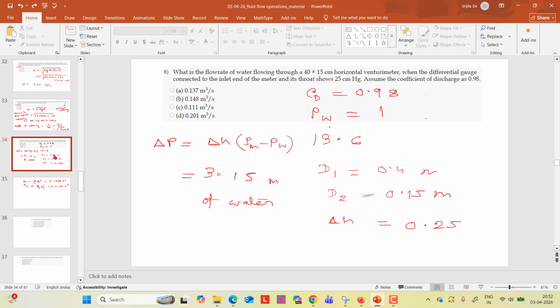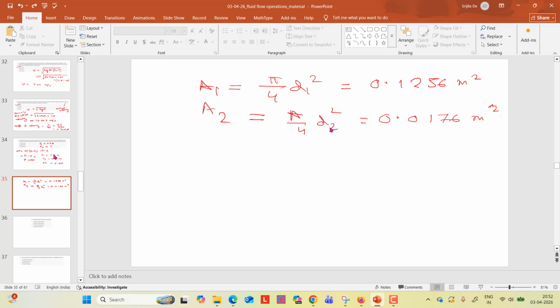Okay. So from the equation, if we want to put the velocity term or Q, I am directly putting it as V into CD.